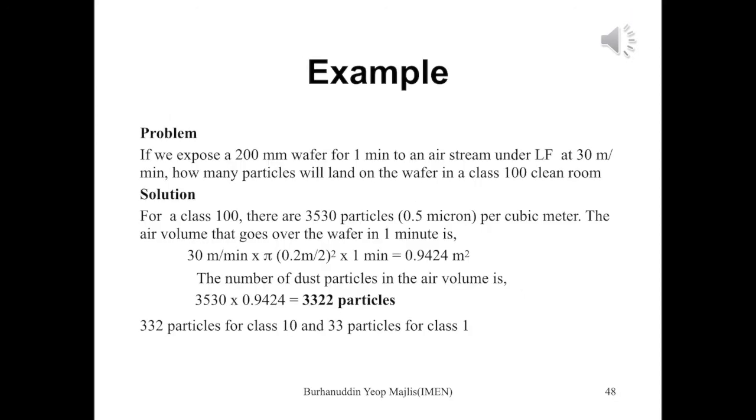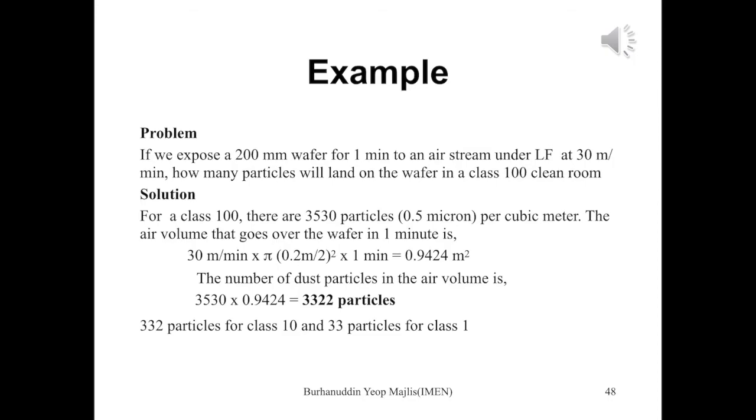So here is an example calculation. If we expose a 200 millimeter wafer for 1 minute to an air stream under laminar flow at a speed of 30 meters per minute, how many particles will land on the wafer in a class 100 clean room?